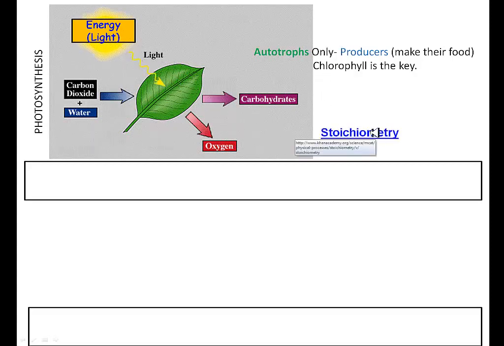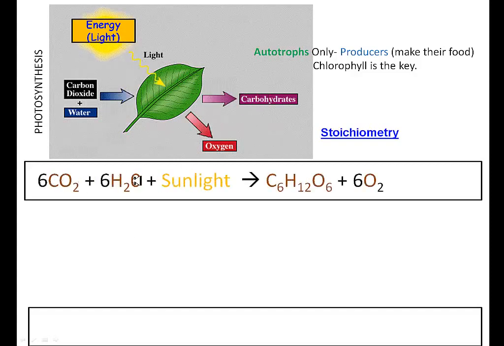What we need is something called stoichiometry, and we have to figure out how many carbon dioxides we need to make carbohydrates and how many waters we need to make carbohydrates and oxygen. The way the equation is set up, it's not just CO2 plus water plus sunlight equals carbohydrates and water. It's actually 6 CO2, 6 waters plus sunlight equals one monomer of glucose and 6 oxygens to be released.